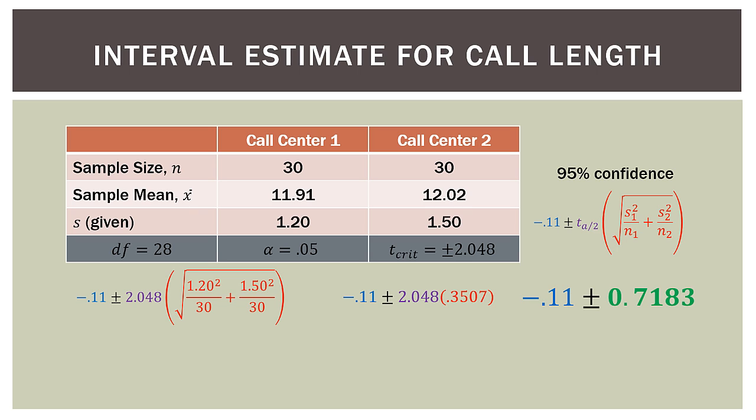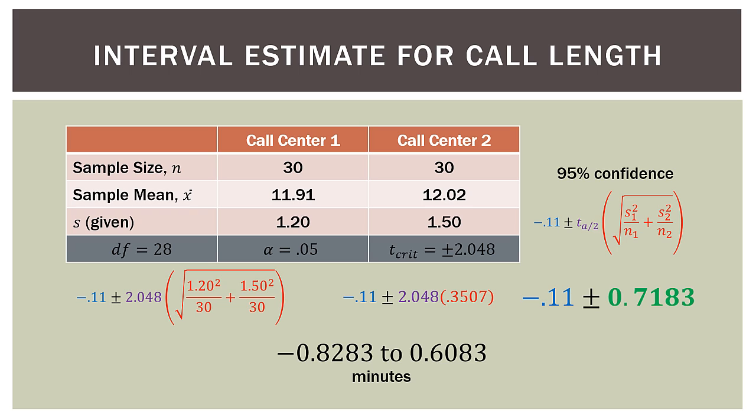So our interval for the difference, based on these two samples, is negative 0.11 minutes plus or minus 0.7183 minutes. So again, based on this sample, that is our interval.